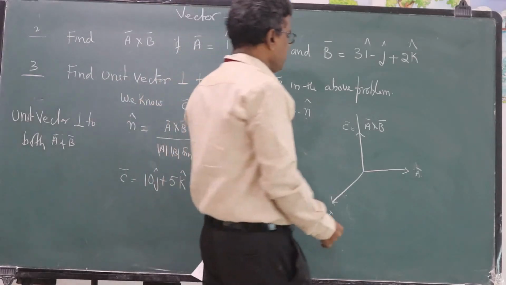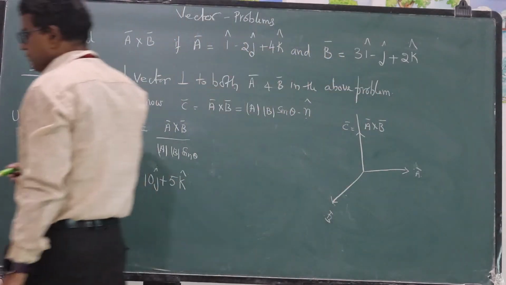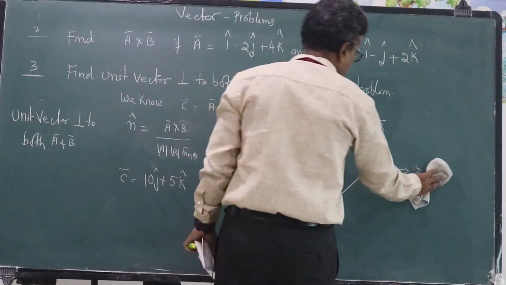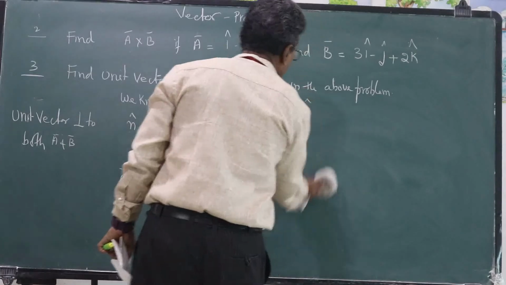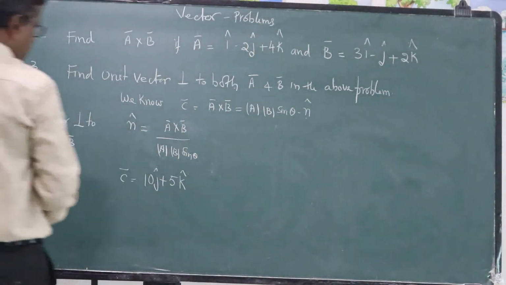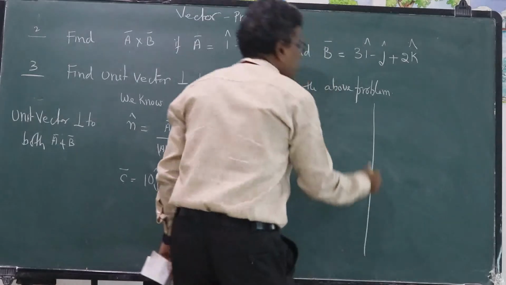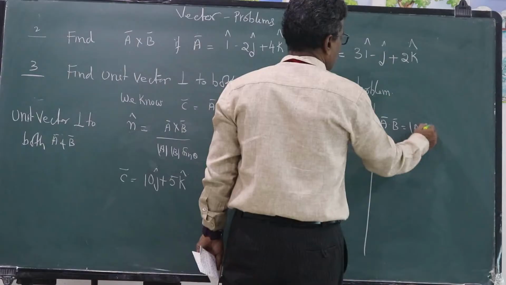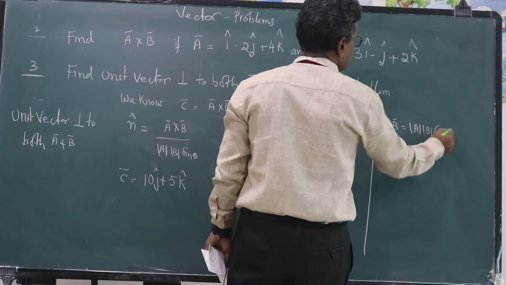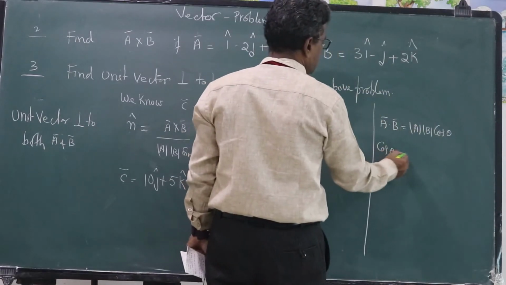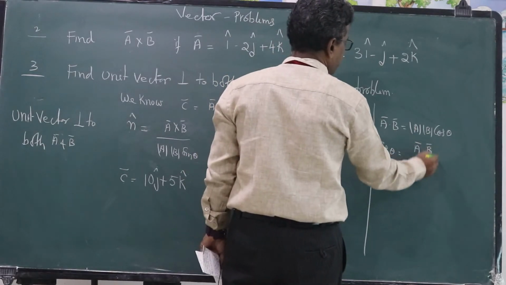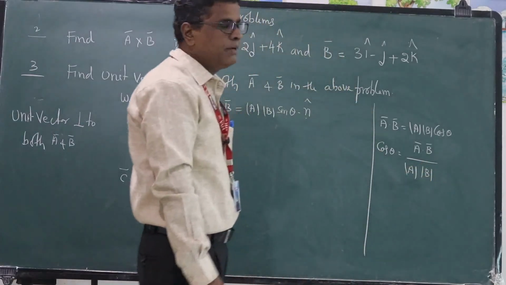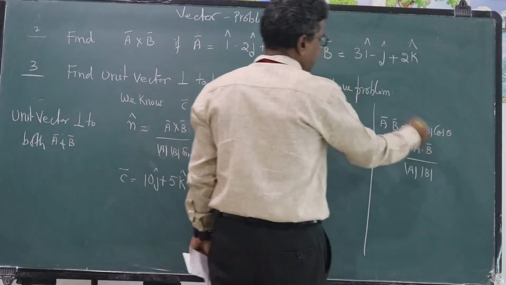For the sin theta value, you calculate the cos theta value. How can we calculate the cos theta value? I will write here: A bar dot B bar is mod A mod B cos theta. So cos theta is equal to A bar dot B bar by mod A mod B. The angle between two vectors you can calculate by using this formula.